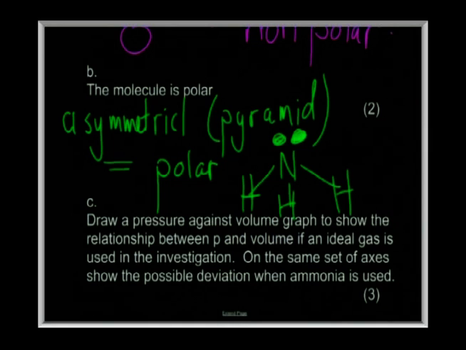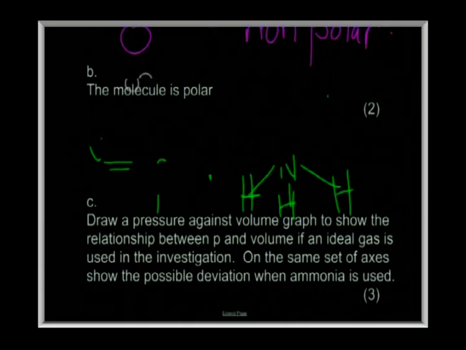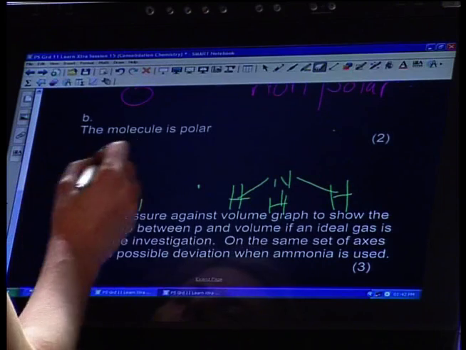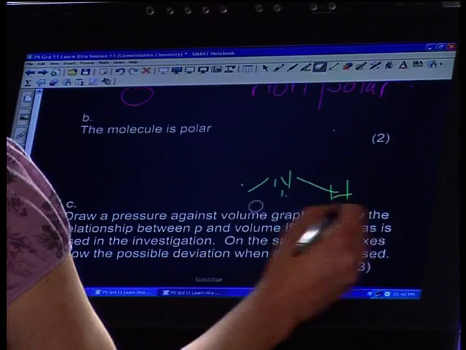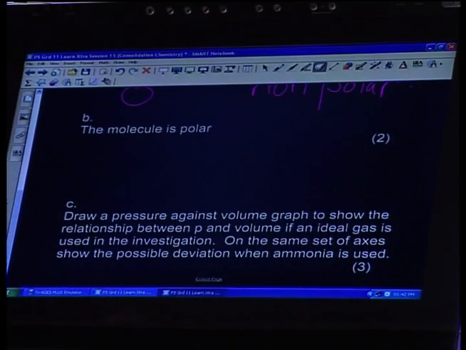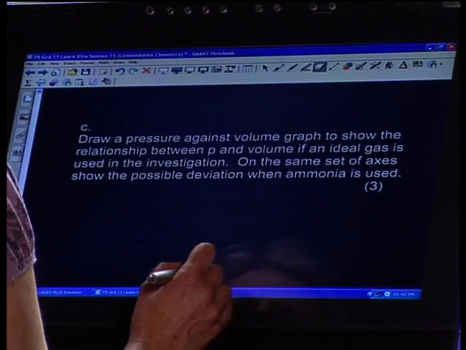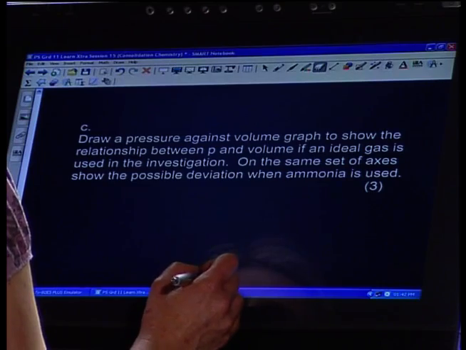Okay, now guys, an ideal gas is a gas that doesn't exist, firstly, but a gas that reacts ideally in all situations. So even under very, very high pressure, under very low temperature, an ideal gas follows the gas laws, we can say. Now let's have a look at what we would expect for volume against pressure.